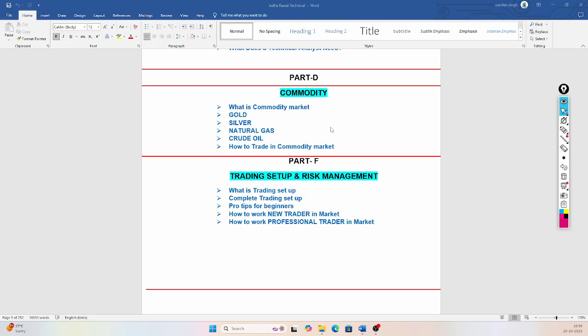If we don't learn the basics, how will we do that? Obviously we would be lost because we haven't learned. We don't know what is double top, double bottom or head and shoulder. So first of all we should learn the theory. Then we have to do practical.